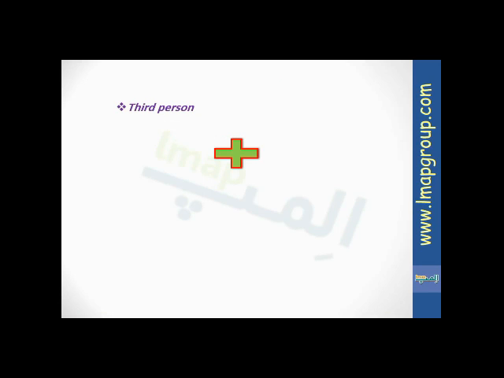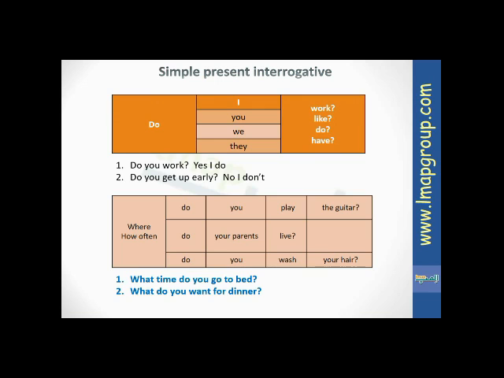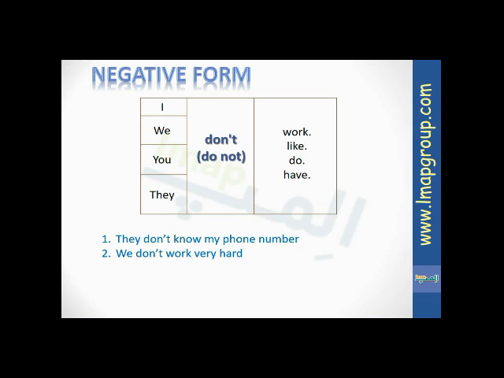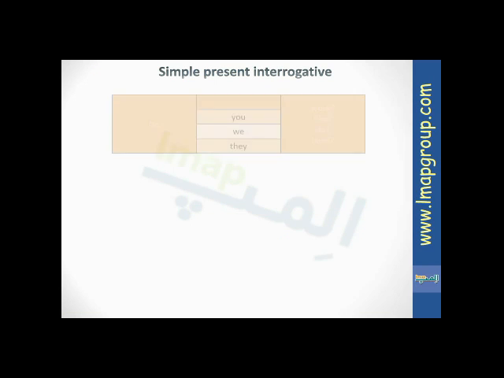In that slide we talked about first persons. در مورد اول شخص صحبت کردیم. من، تو یا شما، آنها. آنها چون جمع بودن از فعل کمکی do استفاده می کردیم. پس اگر یک بار دیگه دقت بکنید، همون جوری که اینجا می بینید برای I, we, you و they از do استفاده کردیم. همینطور توی سوال.